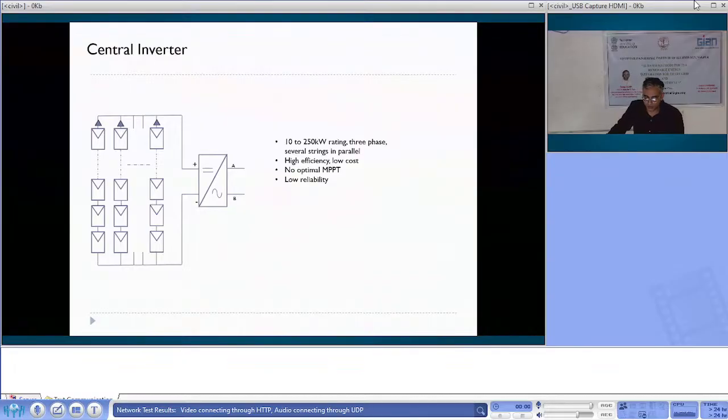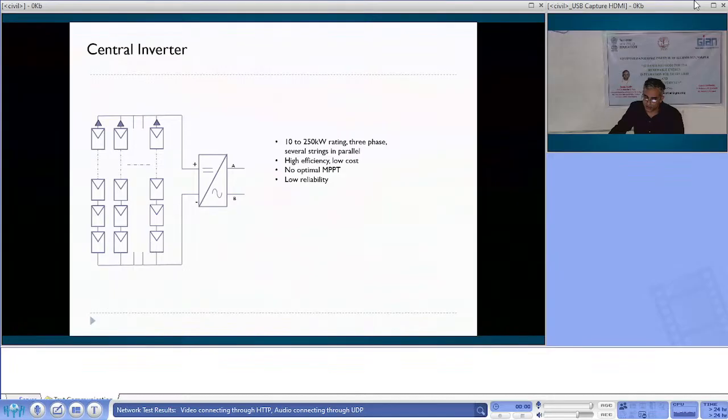One way is you connect all the PV panels in one string, in one row. Many such strings are connected in parallel and connected to one inverter, and that inverter can be connected to the grid. That is called a central inverter. So there is only one inverter in one system. The range may be 10 to 250 kilowatt rating, three phase.